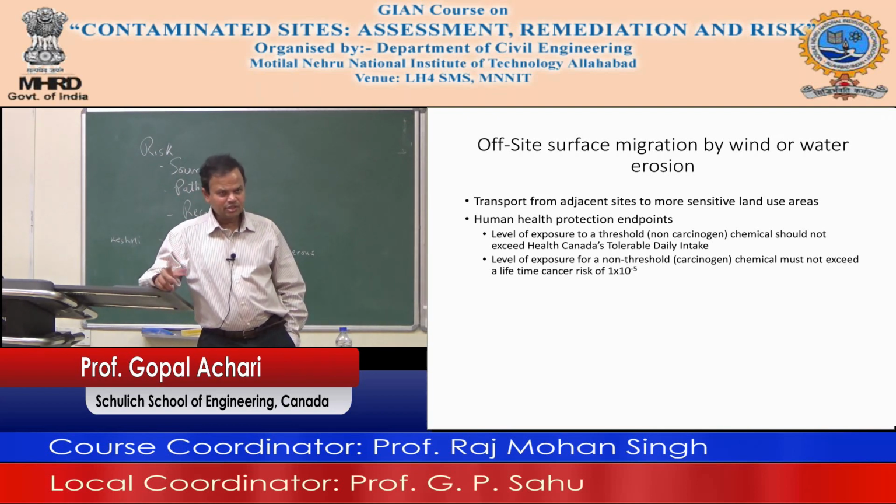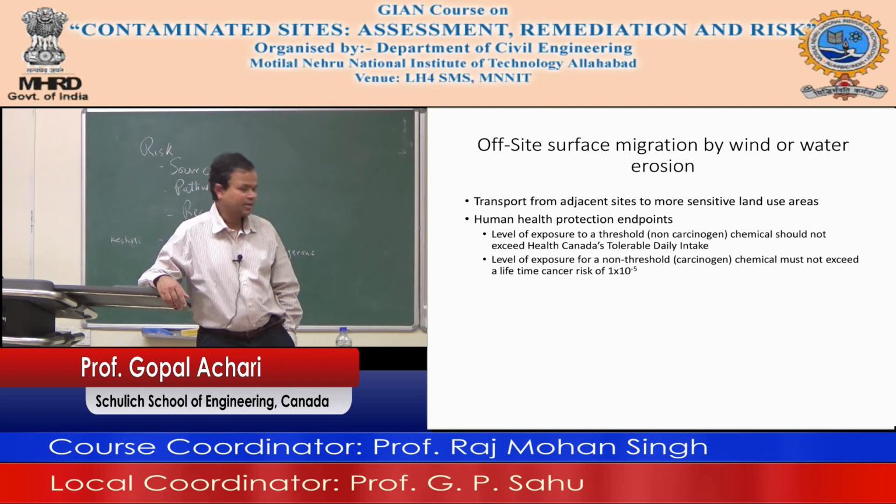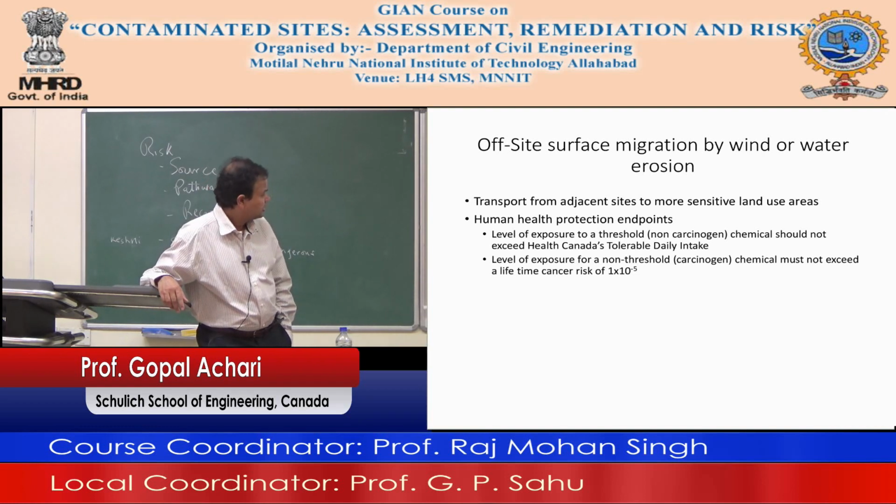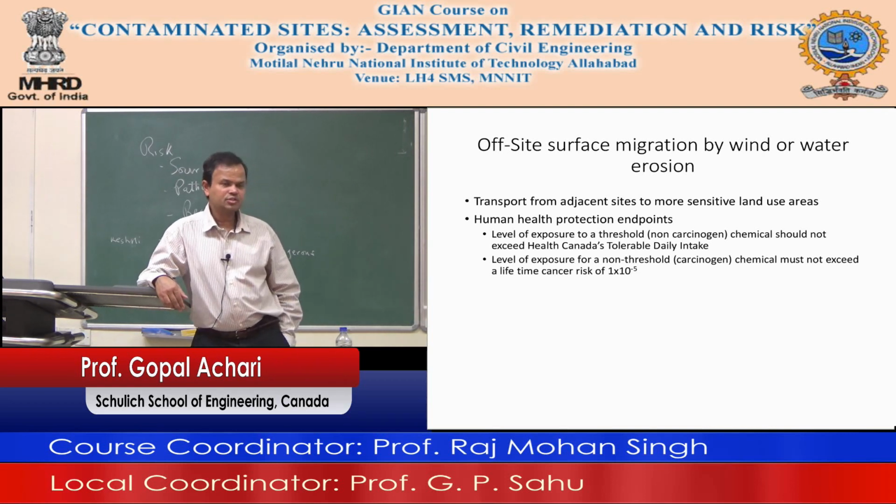If you have a cancer-causing agent or a carcinogen, things are different. The level of exposure for a carcinogen must not exceed a lifetime cancer risk of 1 in 10 to the power minus 5, between 1 in 10 to the power minus 5 and 1 in 10 to the power minus 6. 1 in 10 to the power minus 5 means 1 in 100,000.